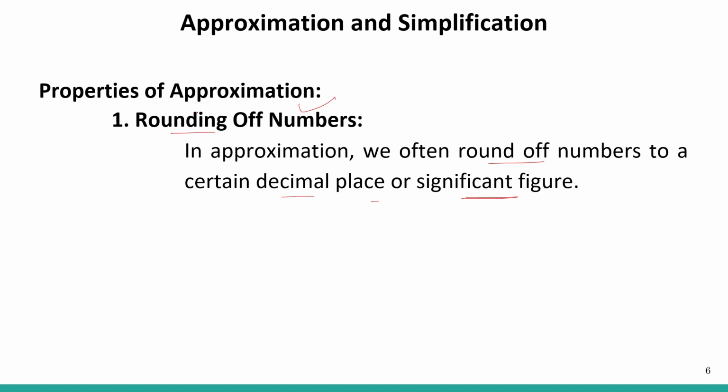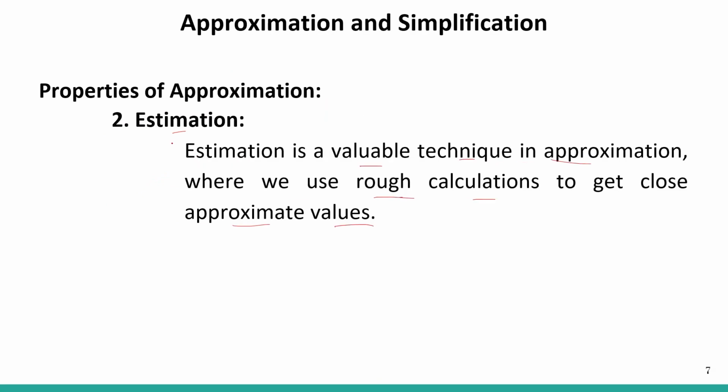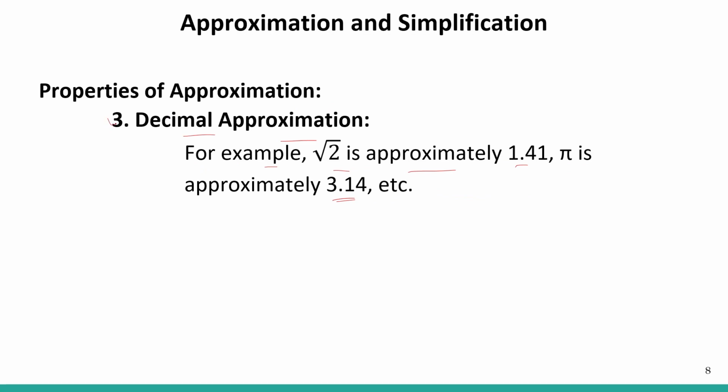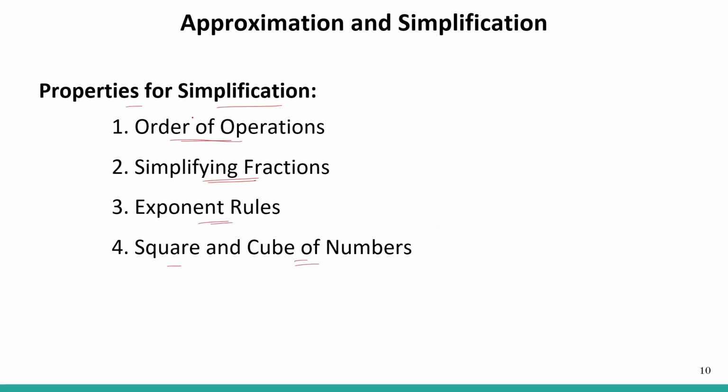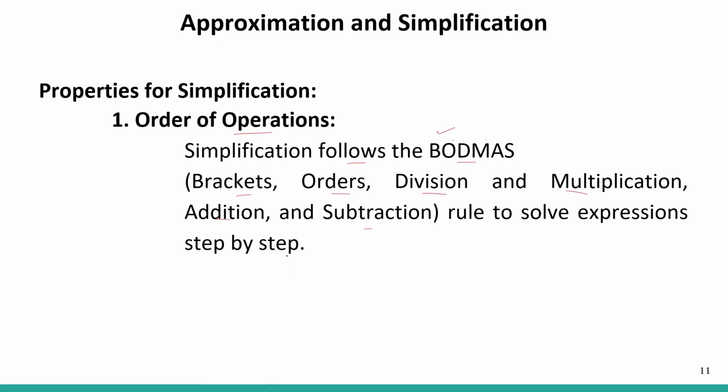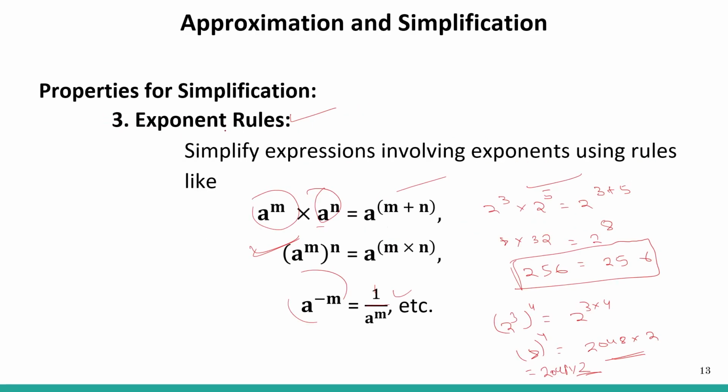We also learned what simplification is: mathematical operations to make things more efficient and understandable. We learned some properties of simplification: order of operations, simplifying fractions, exponent rules, square and cube of numbers, and how many square and cube numbers we need to remember. These were the 3 important exponent rules, and we verified them by taking some examples.